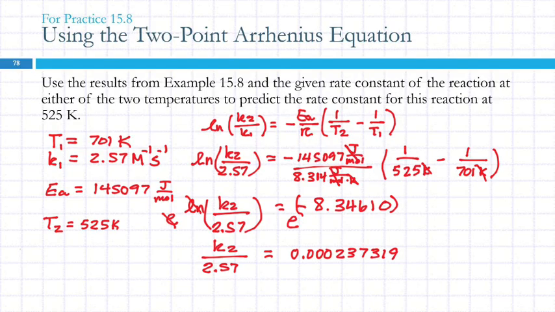And then to solve for K2, I'm going to multiply both sides by 2.57.